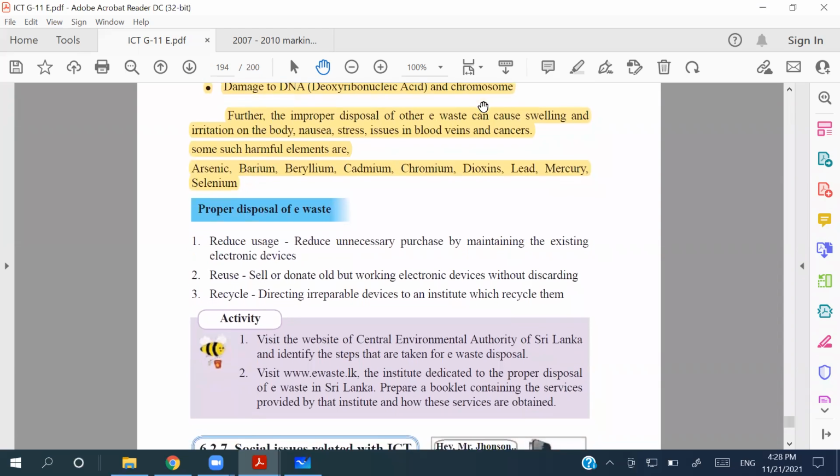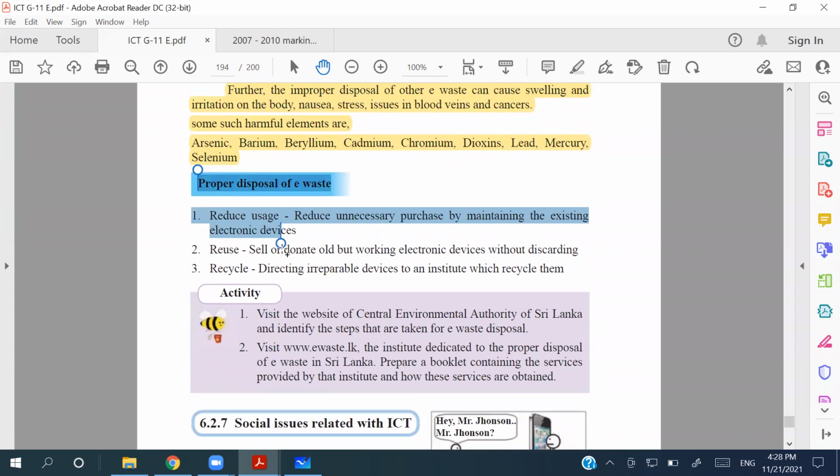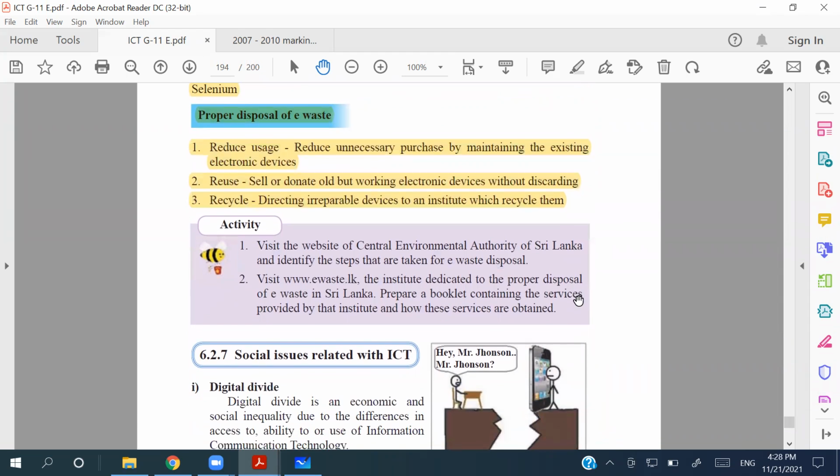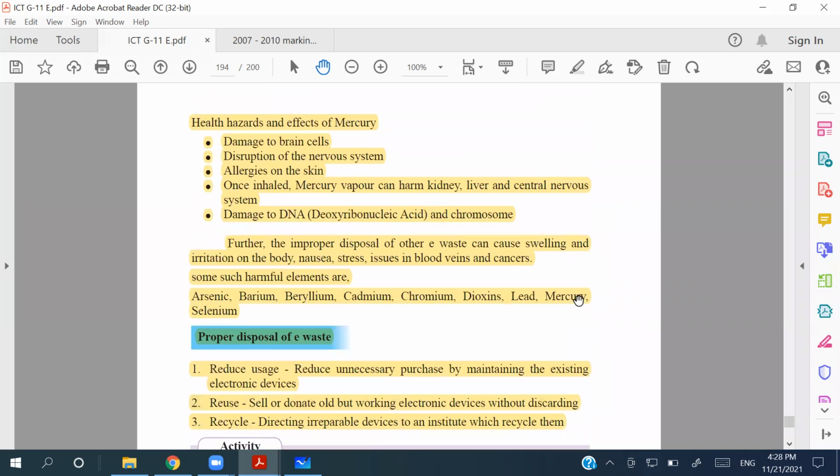You have to continue for these things as well, people. The proper disposal of e-waste should be noted as well. All these things contain important stuff, so please take down the proper disposal of e-waste as well.